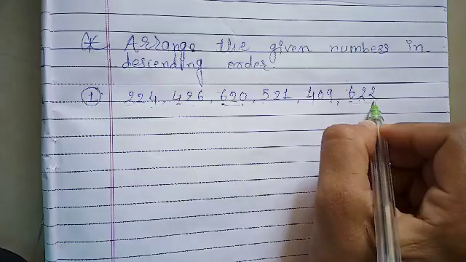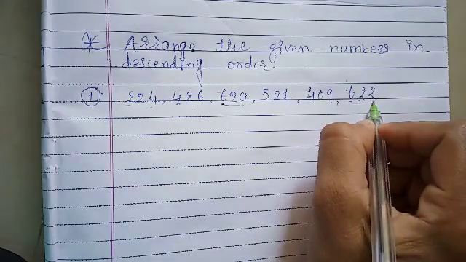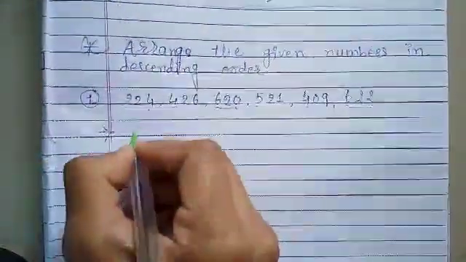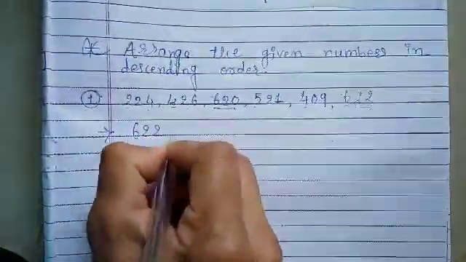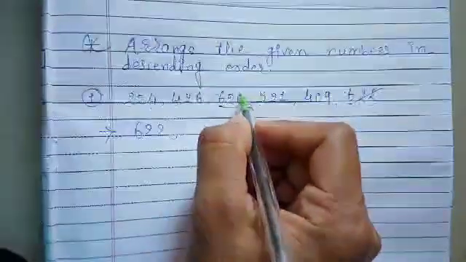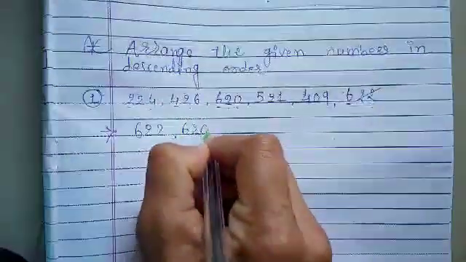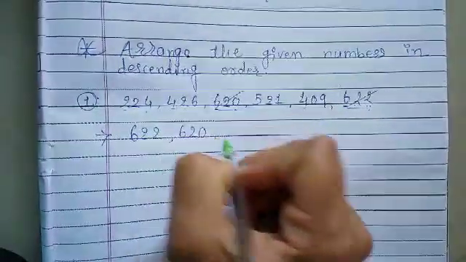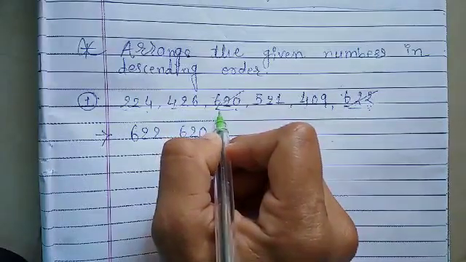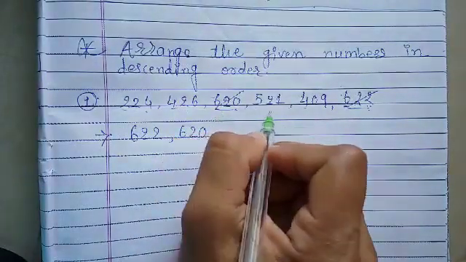And we have to arrange the numbers in descending order. So we first write the bigger number. So we write here 622. So we cut that number, and then after that we write down 620. So then we cut 620. Okay, after 6, which number? 5.